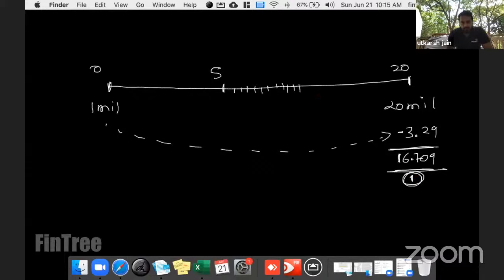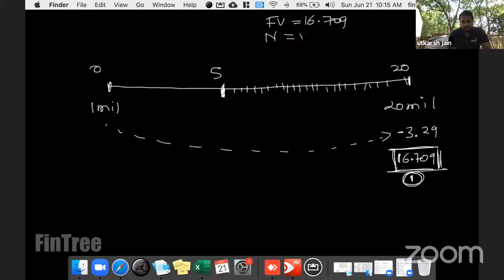Now we have to make monthly payments. From where? From year 5. And what we want to achieve is now we just want to make sure that by the end of 15th year, we have this 16.709. So now my future value is going to be that 16.709, 20 minus 3.29.